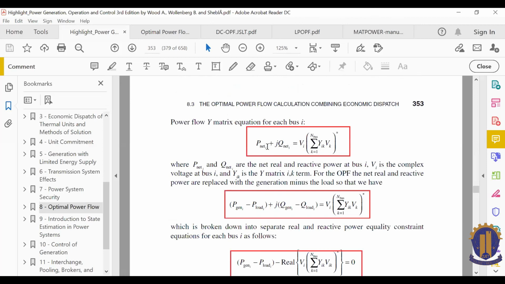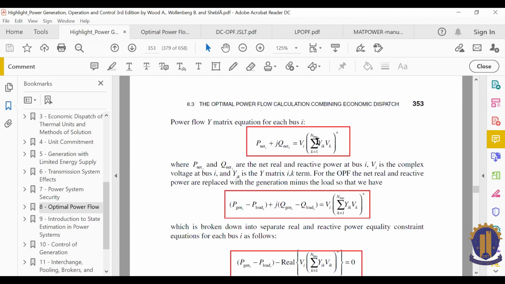Net power, real and reactive, is equal to voltage and current. This is the current flowing in the network. The star indicates the complex conjugate, so this is the complex power current.